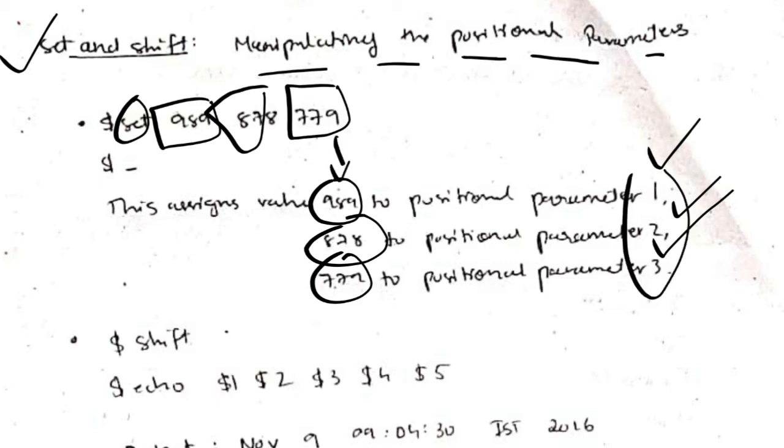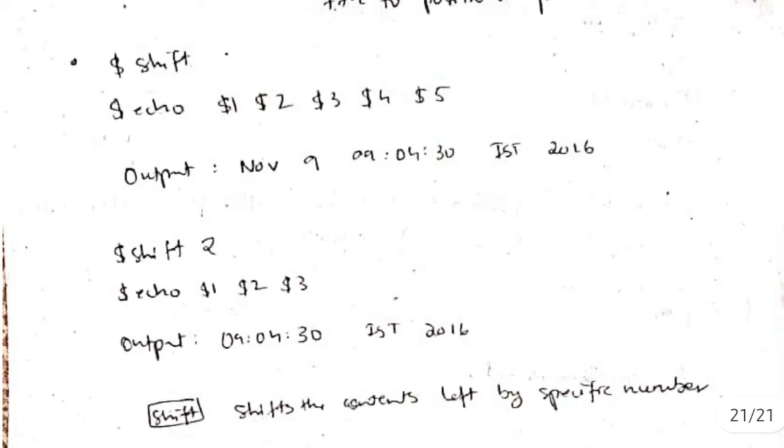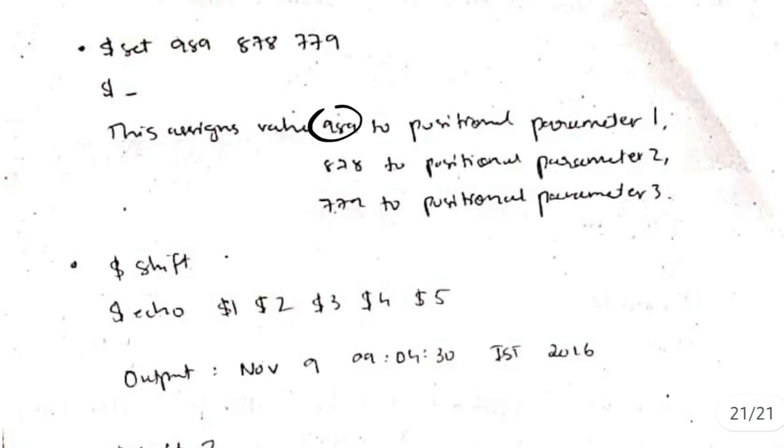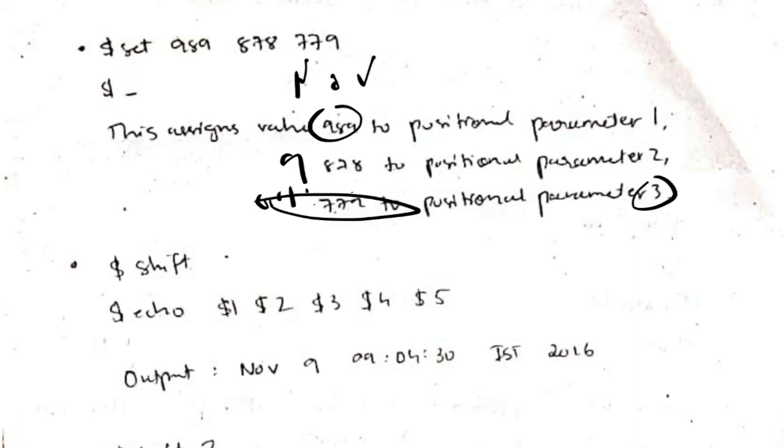Shift will also do the same kind of thing. Suppose we have the shift here and we have 1, 2, 3, 4 and 5. Whatever parameters we save will be output here. For example, if I store NOV here, 9 here, and the date here, that will be stored in these 3 parameters.